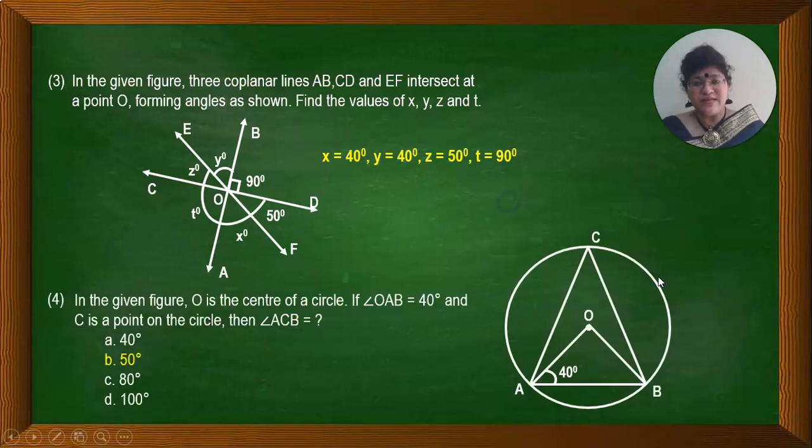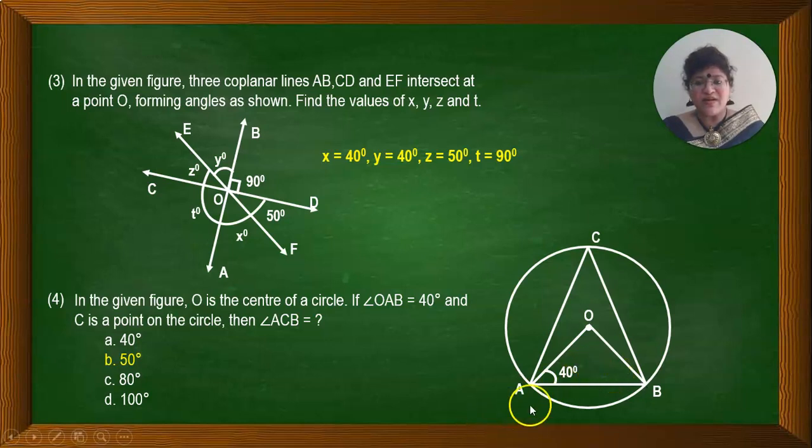Now in this diagram, O is the center of the circle and C is a point on the circle. So first we will find out what is the value of AOB. In order to do that, you know that OA and OB are the radii of the same circle. So triangle AOB now becomes an isosceles triangle.